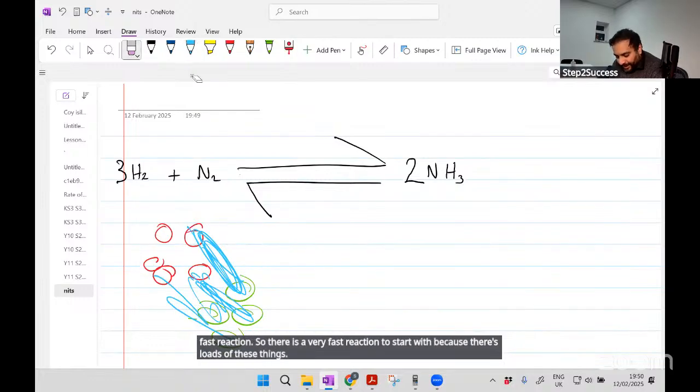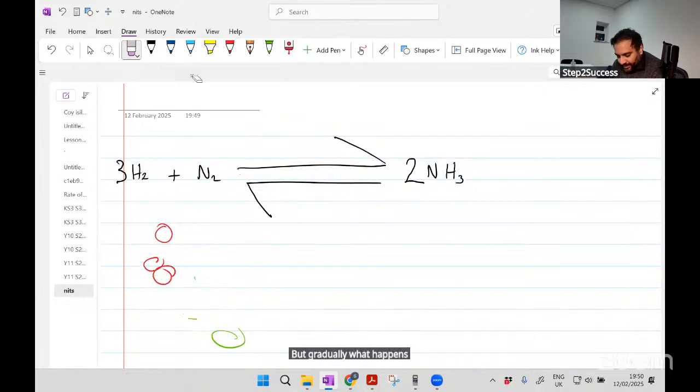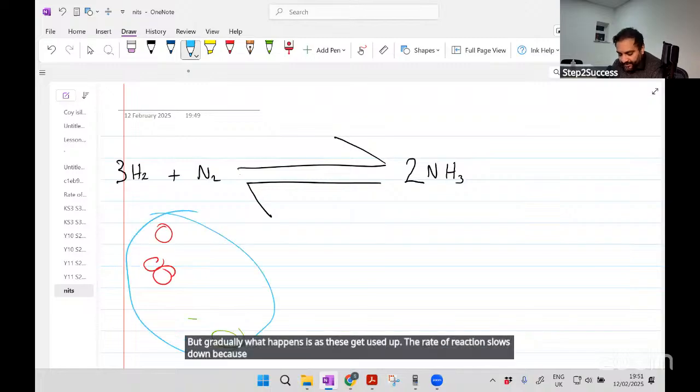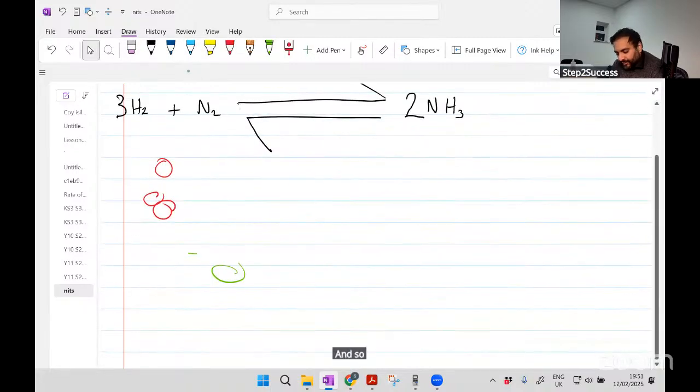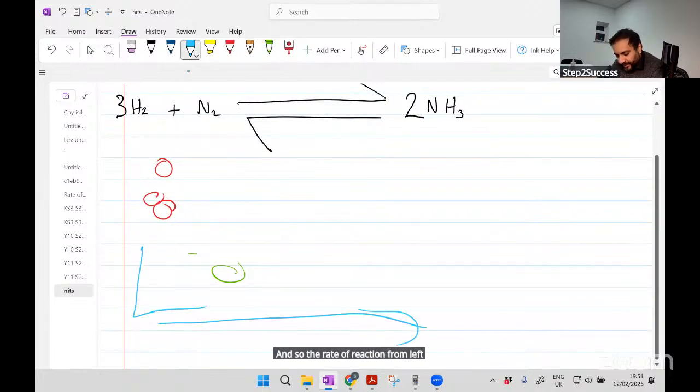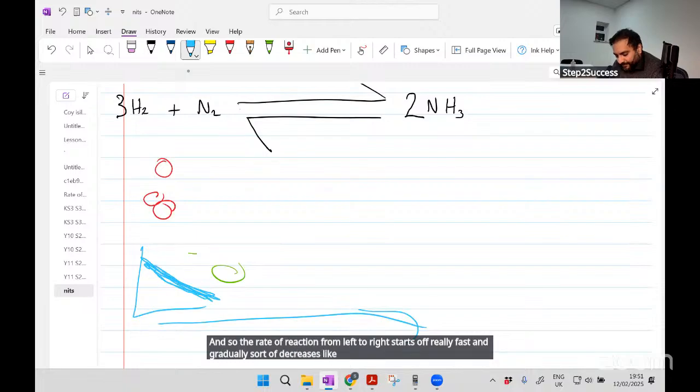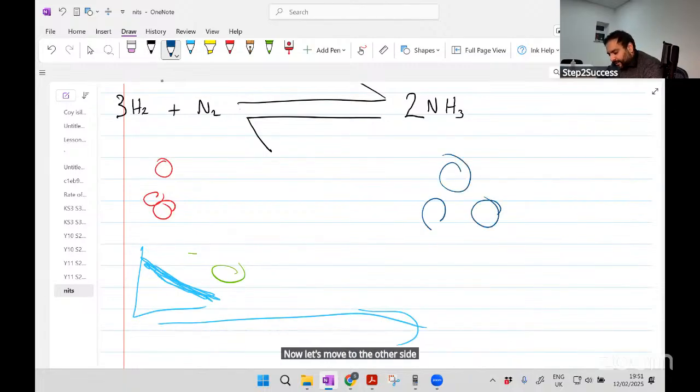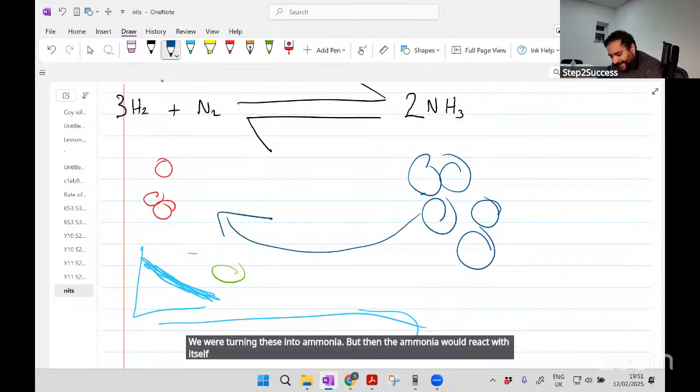But gradually, as these get used up, the rate of reaction slows down because there'll be fewer collisions between all of these. So the rate of reaction from left to right starts off really fast and gradually decreases, like this kind of graph. Now let's move to the other side. As this was happening, we were turning these into ammonia, but then the ammonia would react with itself and start turning back into those.